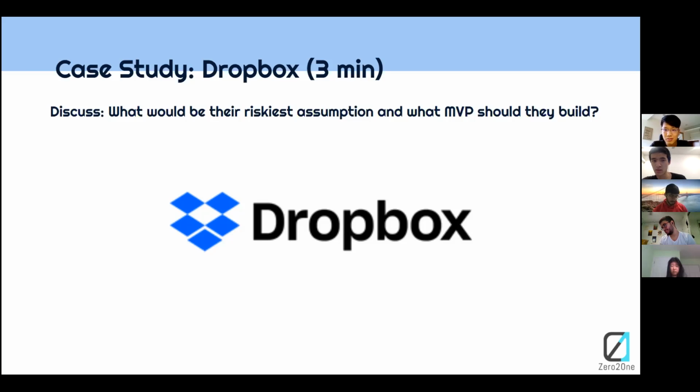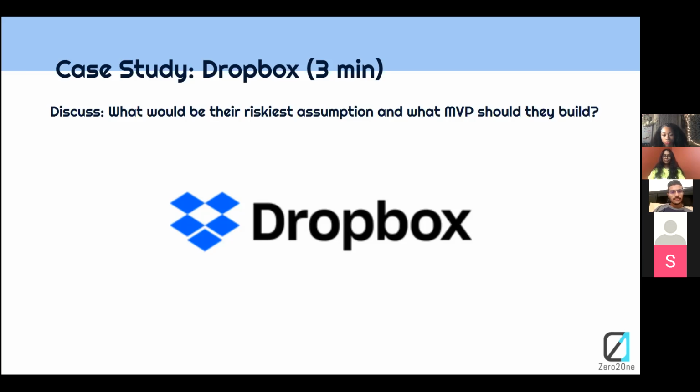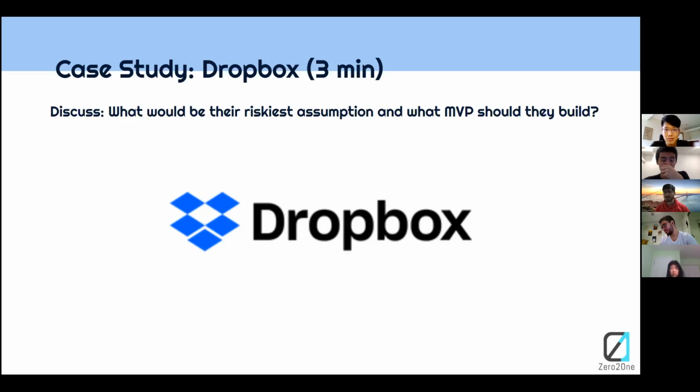For ours, we thought of the same thing as Davi: whether people would feel safe putting their files online. The second assumption was that our consumer base is fully businesses, just businesses by themselves.